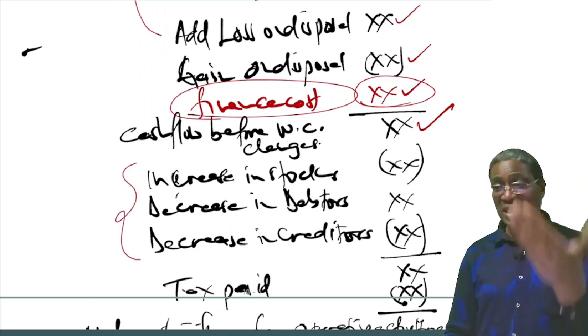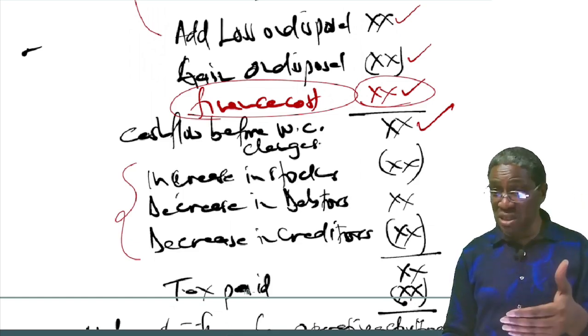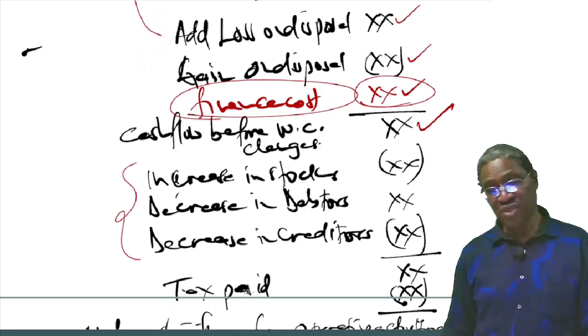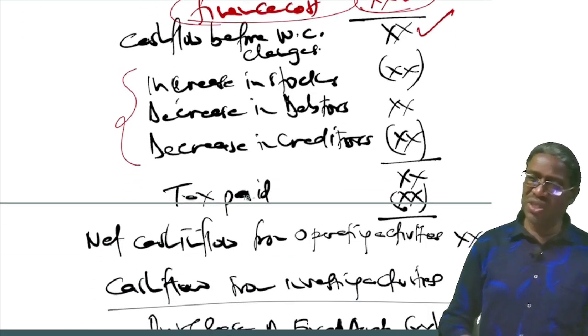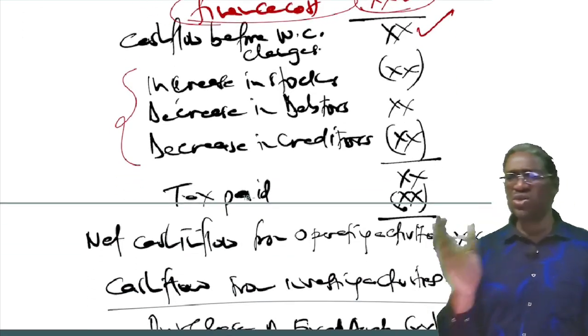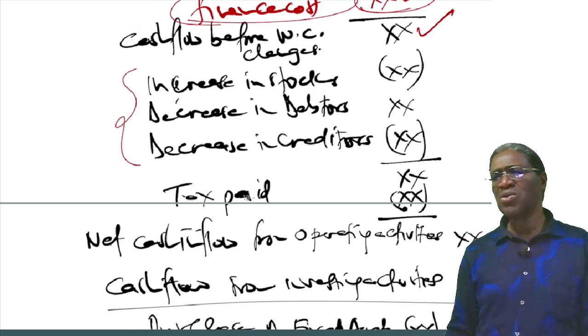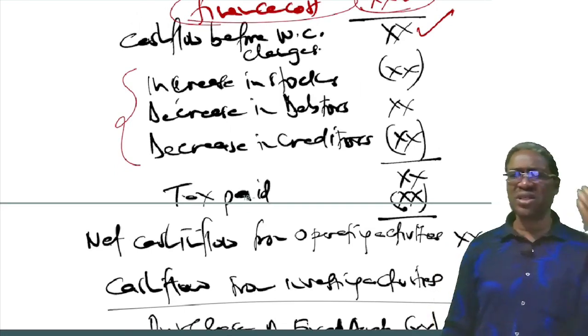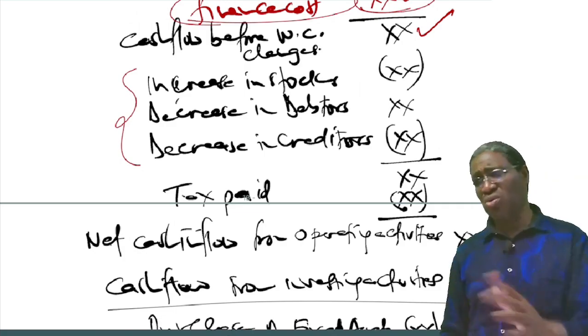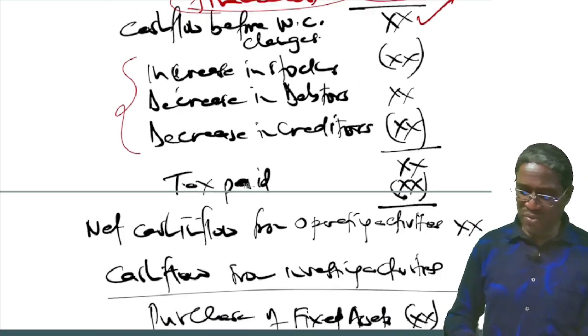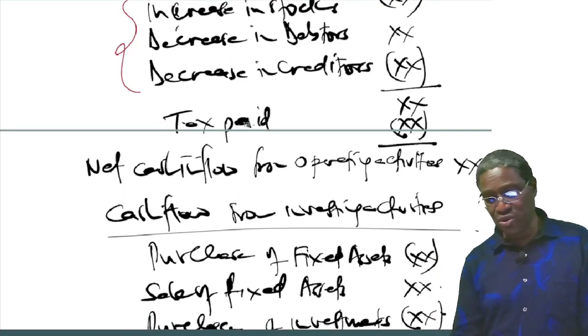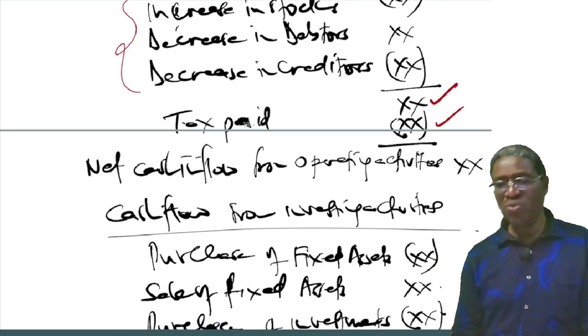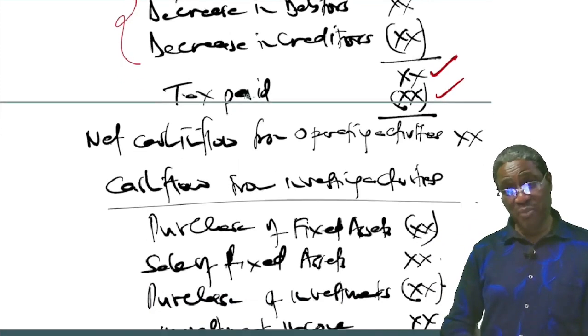These include current assets and current liability items. Okay, good. Then we said some of them could be increase or decrease in those current assets components, like increase in stocks, increase in debtors, increase in creditors, and so on. That's what we said. Then from there, get the totals. Once you get the totals, we said you minus the tax paid.